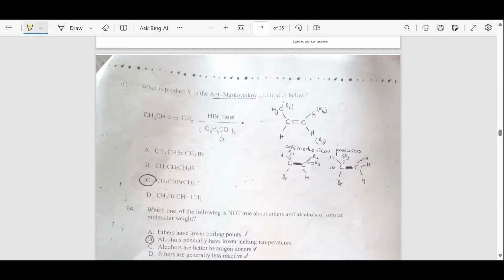Anyone who is able to take us through this addition reaction? Organic chemistry gurus. Divya, it's your moment to shine.